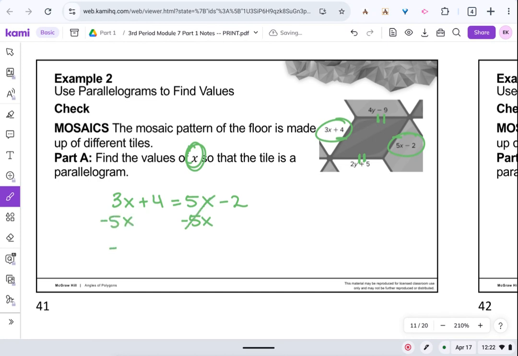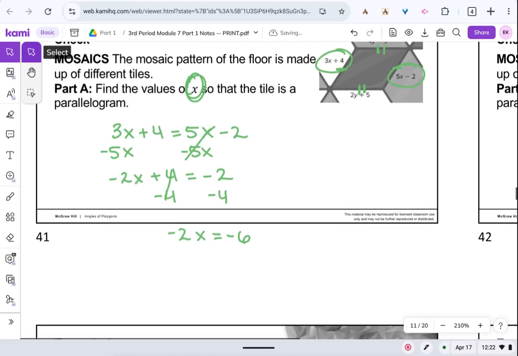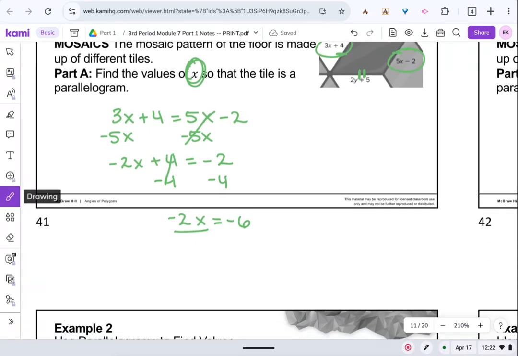I'm just going to quickly solve by subtracting 5x from both sides and then subtracting 4 from both sides. Then dividing by -2. And we get x to be 3.